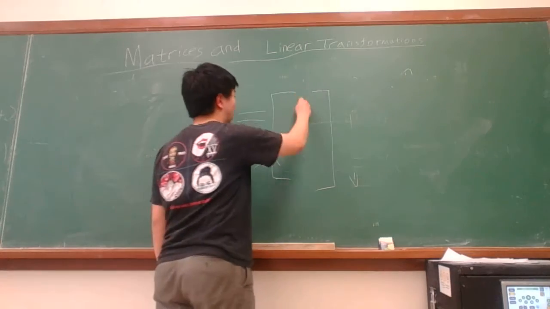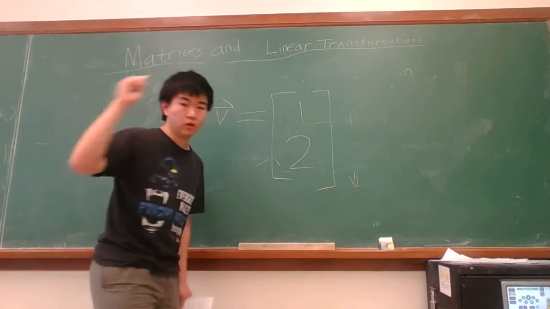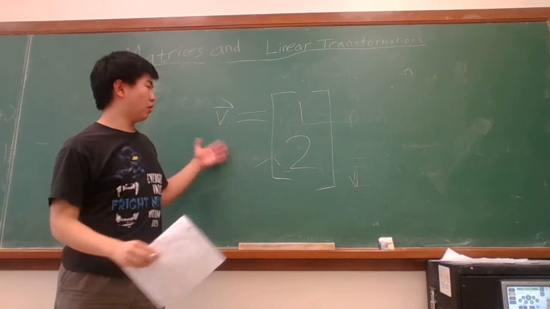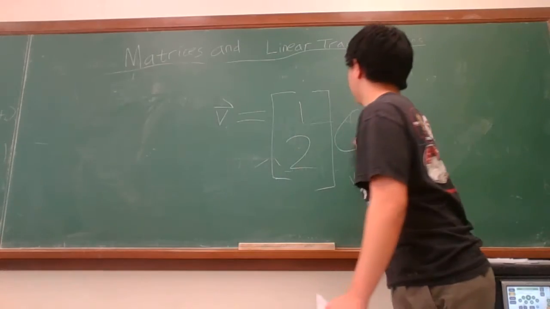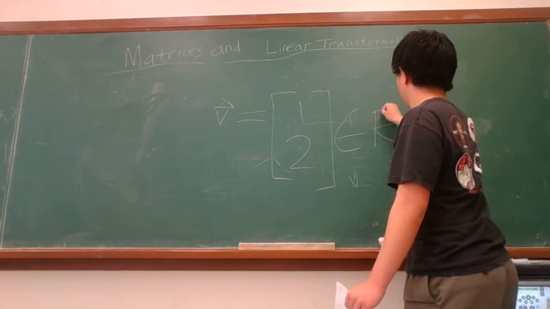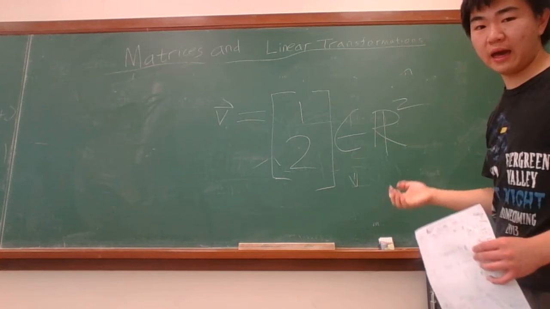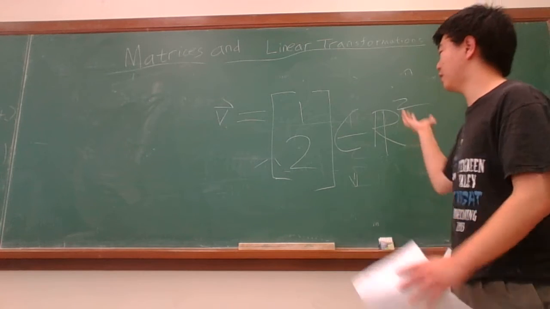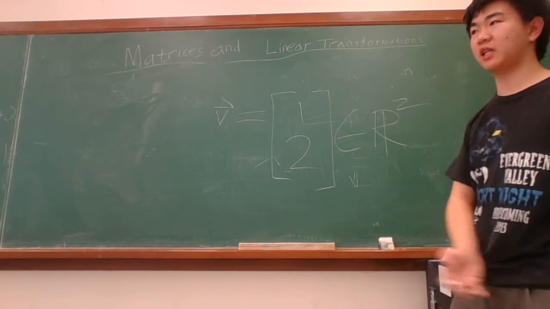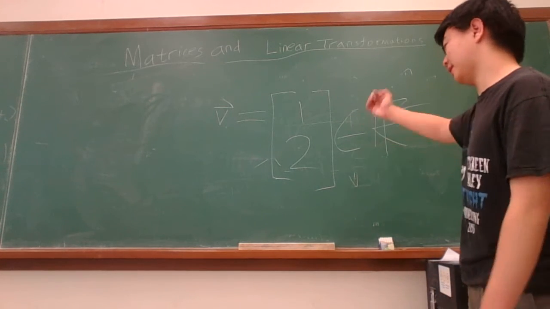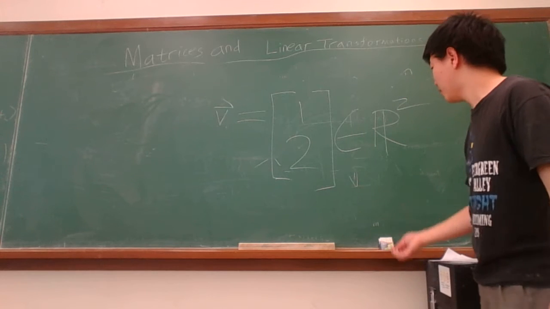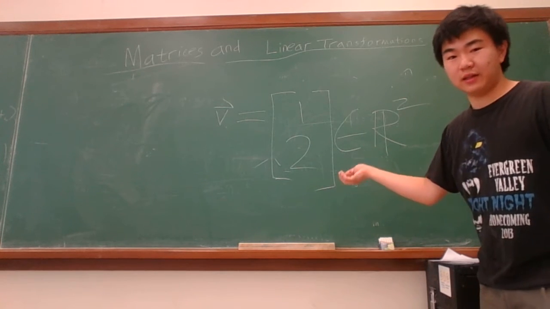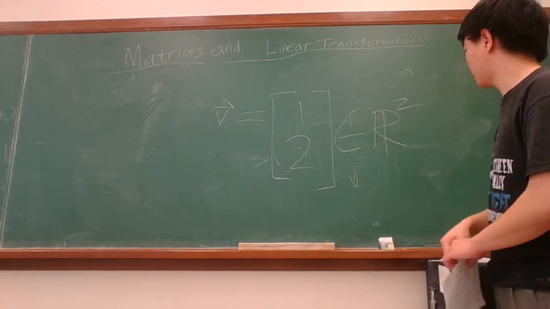So let's say I do 1, 2, right? It's part of R2 because it has 2 reals. And as a result, it basically stores data. Let's say we measure the x position at some times, and then we get these, just some random example. And that's data, and that's what we're going to use in engineering.